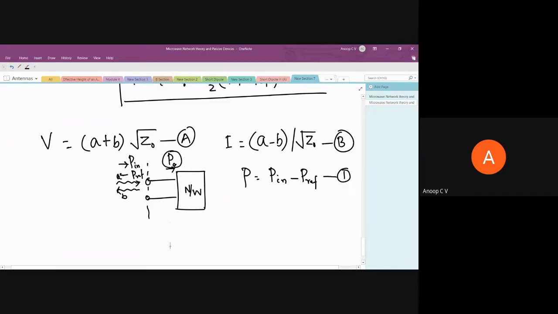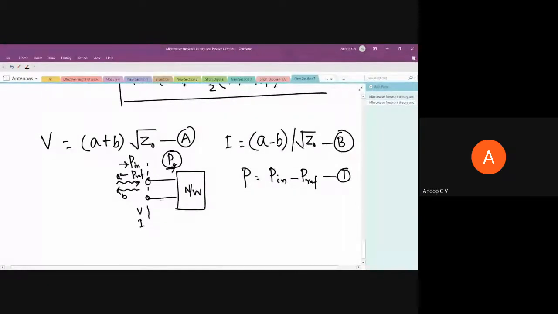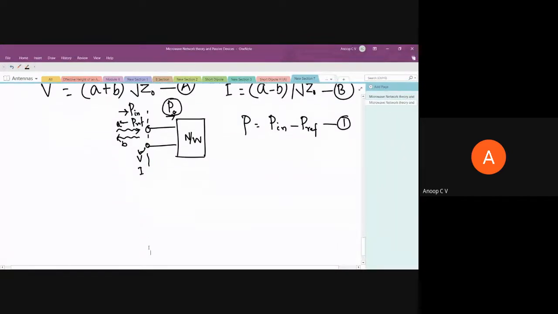Now suppose the corresponding voltage here is V and current is I. These can be complex quantities. So at this point, the voltage is V and current is I. Then the total power flow from left to right will be P incident minus P reflected.